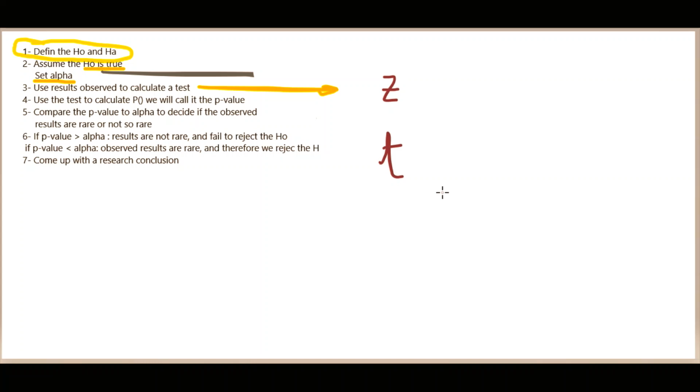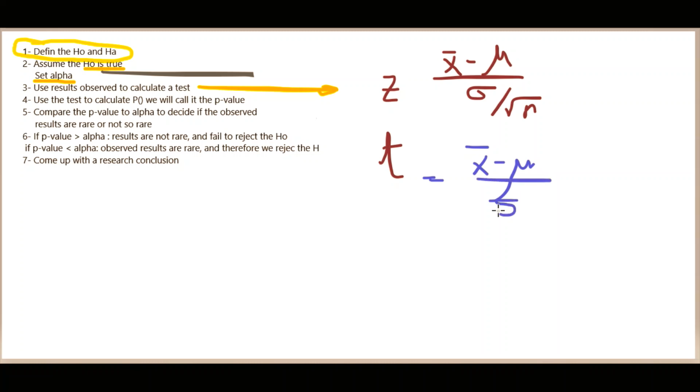The tests that you know so far in this course are either the z, where it's x bar minus mu over the standard error of the mean, sigma over root n, or the t, which is equal to x bar minus mu. So far it's exactly the same, but this time you divide by the standard deviation of the sample over root n, and if you remember, that has the degrees of freedom.